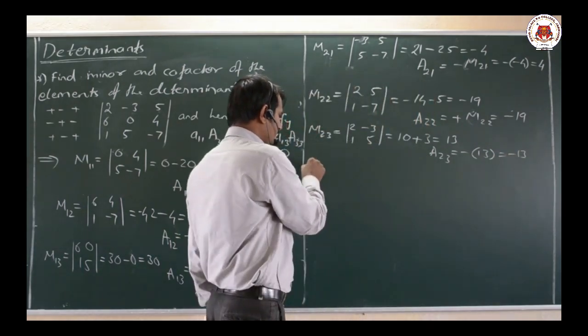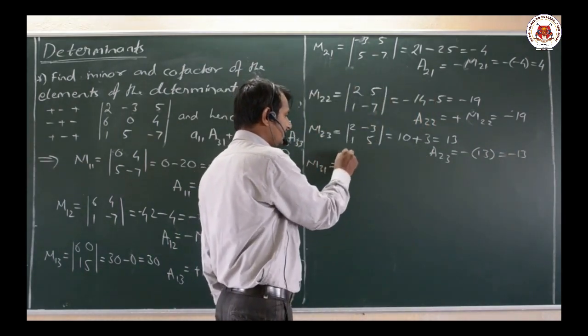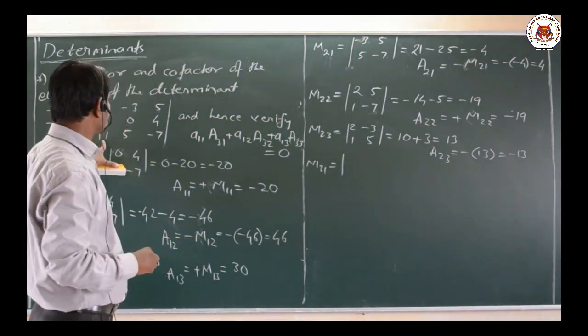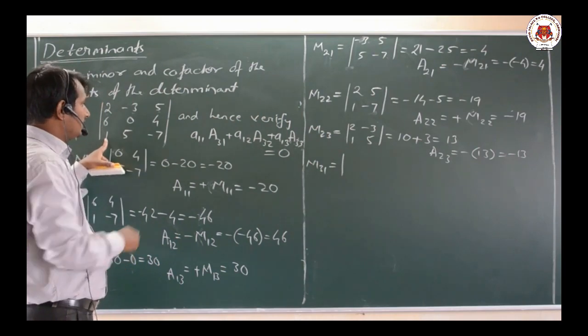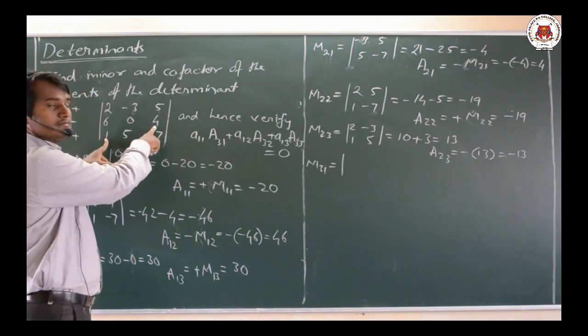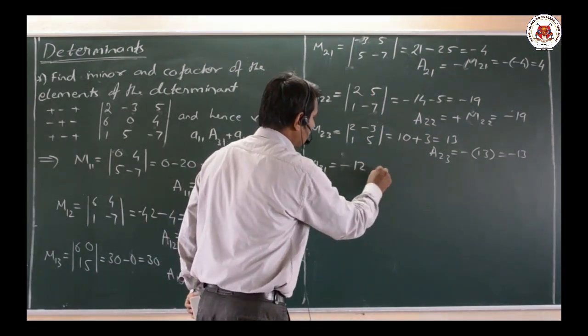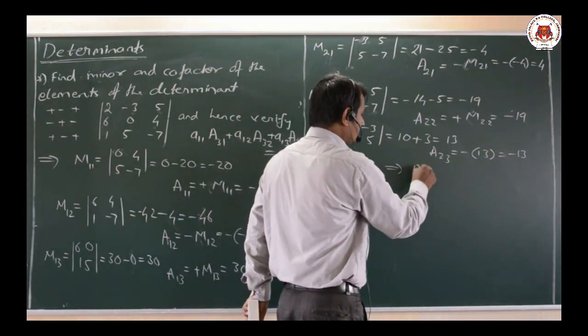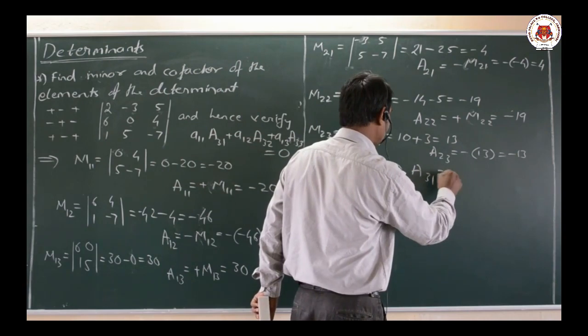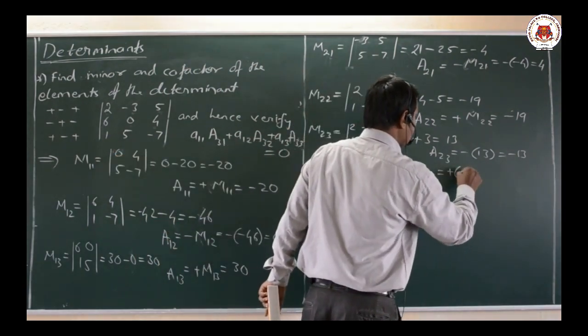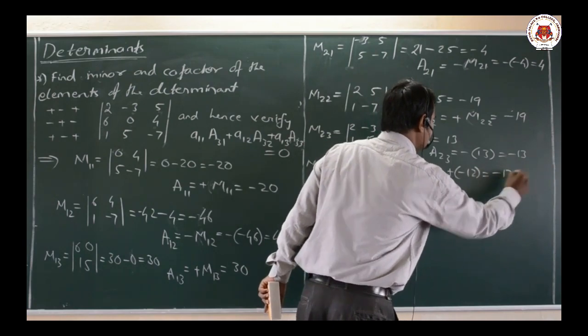Okay, fine. Next one is M31, minor of 1 here. Leaving this row and column, what we get? 3 into 4, that is 12 minus 0, the value will be 12 with the sign as computed, minus 12. And similarly cofactor of 31, here the sign of 1 is positive, plus of minus 12, the value will be minus 12.